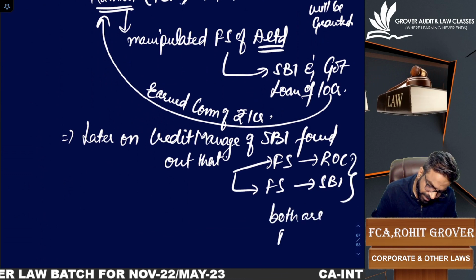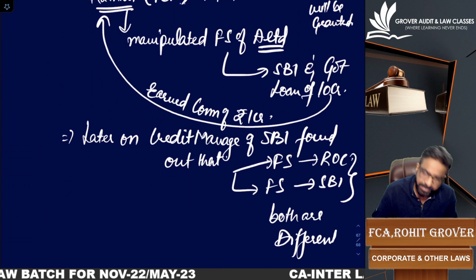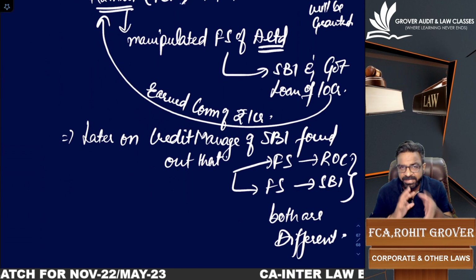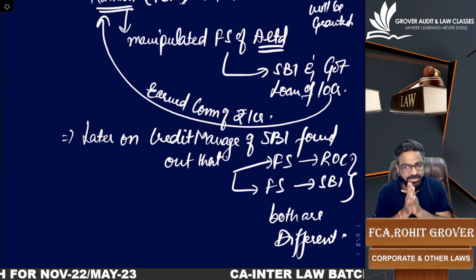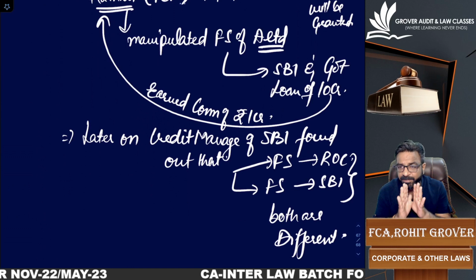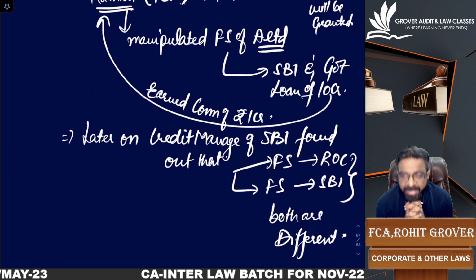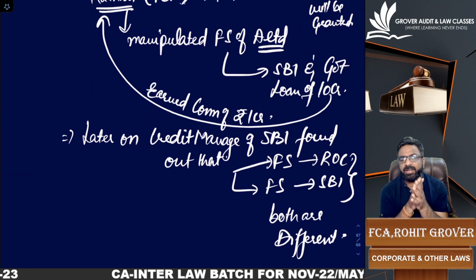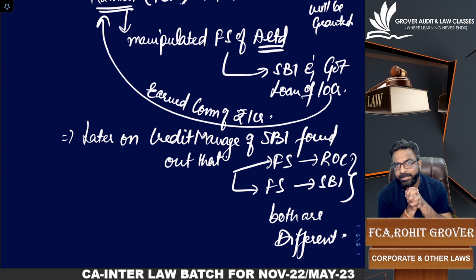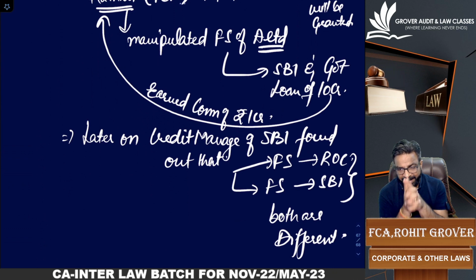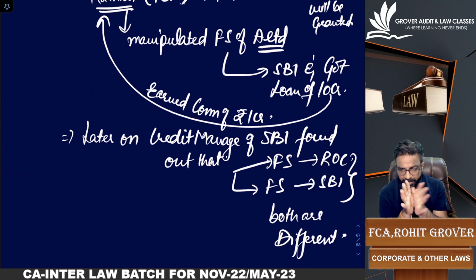Both are different. It means Raman has manipulated the financial statement to let the banker believe that A Limited is a genuine person, and due to which the banker granted a loan of 10 crores. When the banker granted the loan of 10 crores, Raman got his commission.